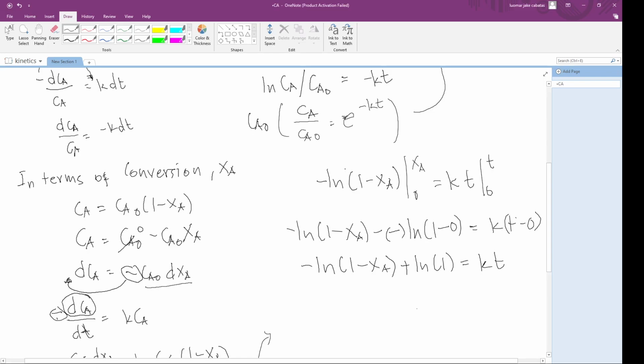So this is 0, and we are left with negative ln of 1 minus XA is equals to kt.